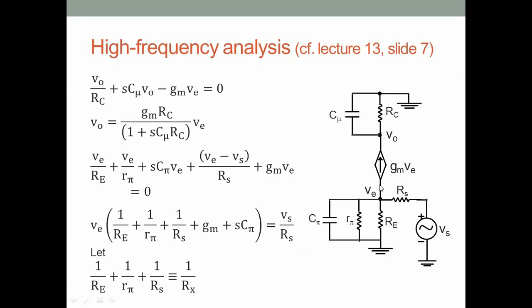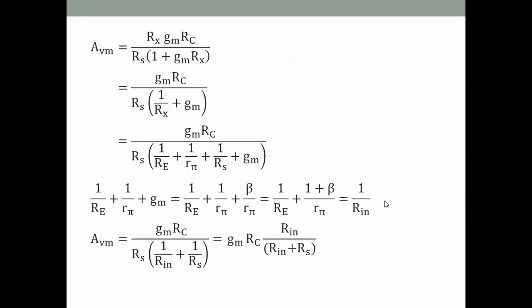Re parallel Rpi divided by 1 plus beta is the resistance looking into the emitter node of a common base amplifier. We've done this before, so I'm just recollecting that. So that is what we've got here. That is the input resistance of the common base amplifier.